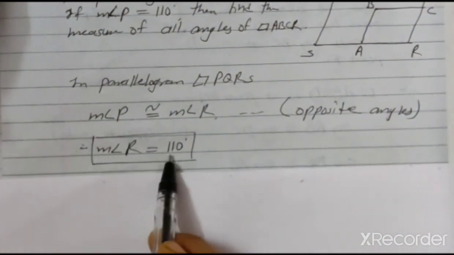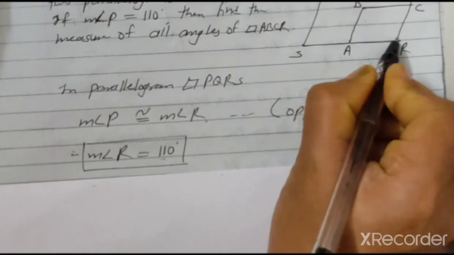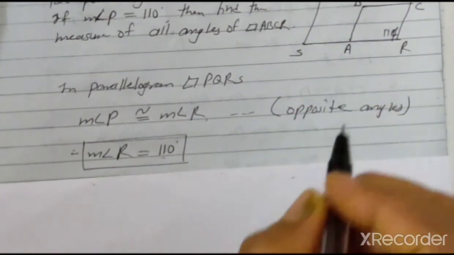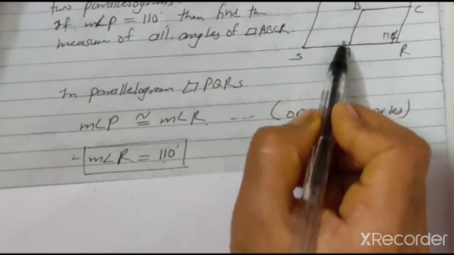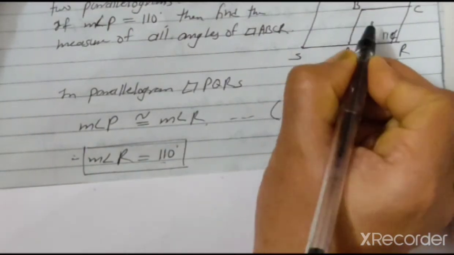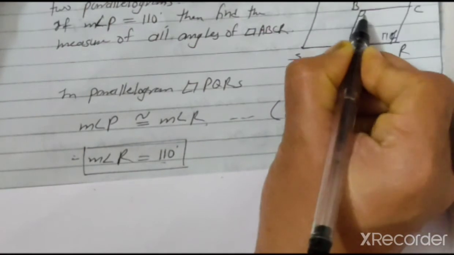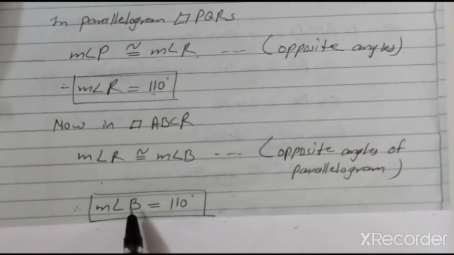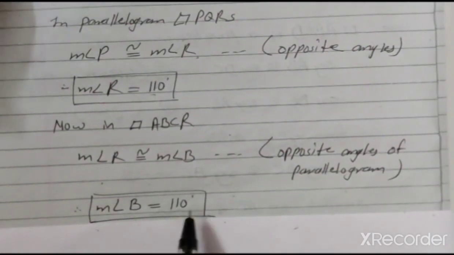Therefore this measure angle R is equal to 110 degree. Now in this small parallelogram, this angle B is also 110 because both angles are opposite angles. Therefore this measure angle B is equal to 110.